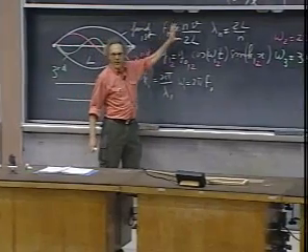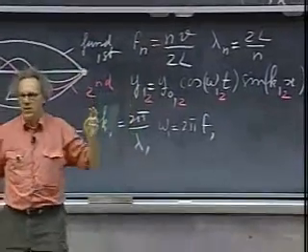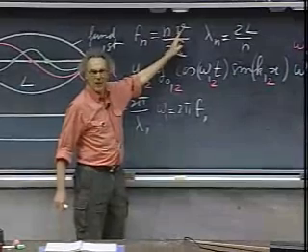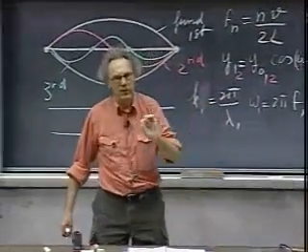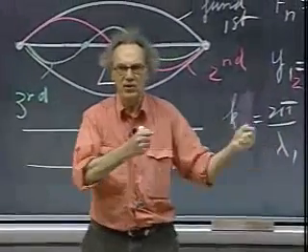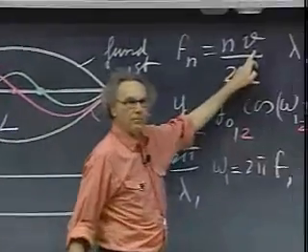The only fundamental difference between the strings and the wind instruments is that with strings you can change V at will, more or less. You can choose different materials through which the speed of propagation is different, and you can also change the tension. If you increase the tension, this V goes up.